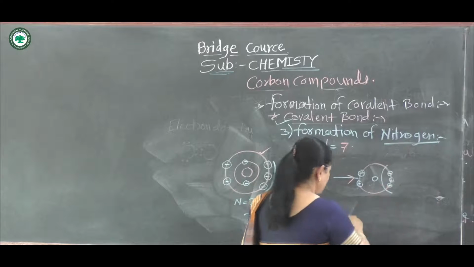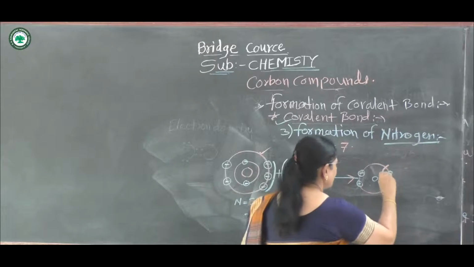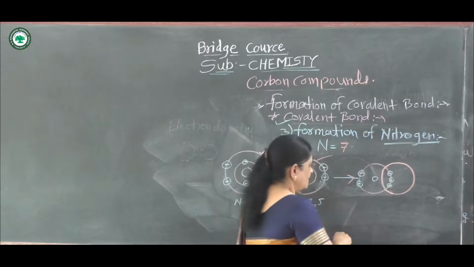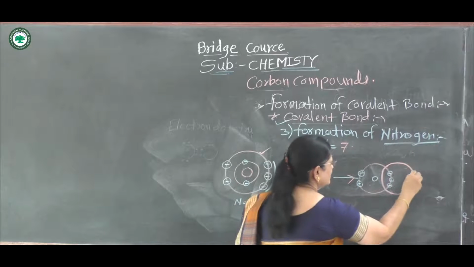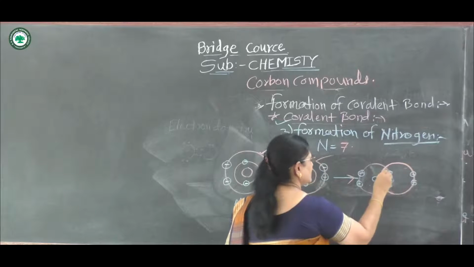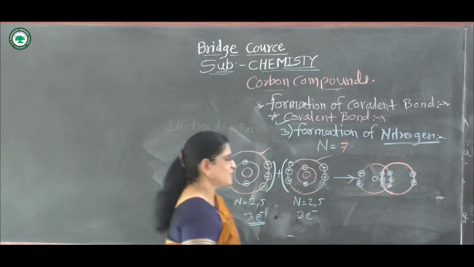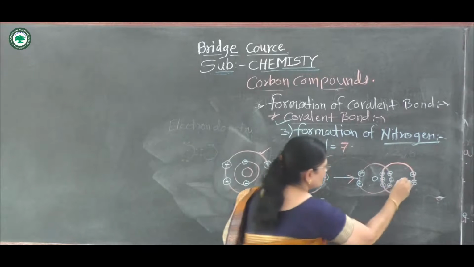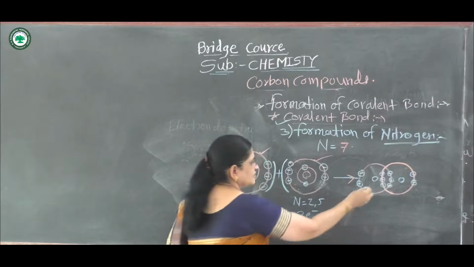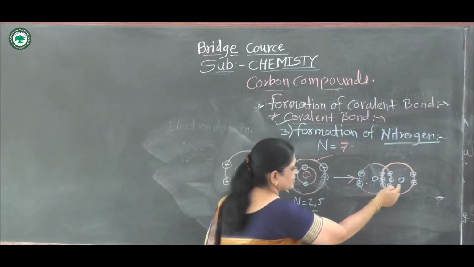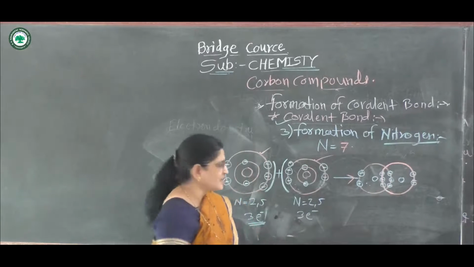Again, this is the second atom of nitrogen. It also has 5 electrons in the outermost orbit. Then it shares 3 electrons with this first atom, and this atom shares 3 electrons with this other atom.